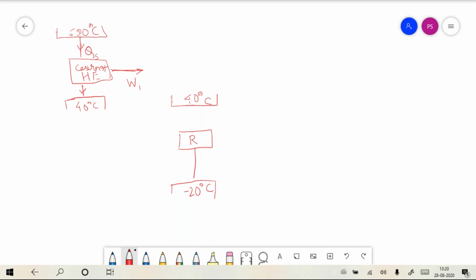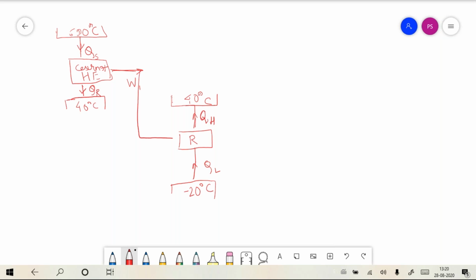Let us call this QL, and let us call this QH. Whatever, we can use any notation, that is not important. I'll call this QH, heat rejected.